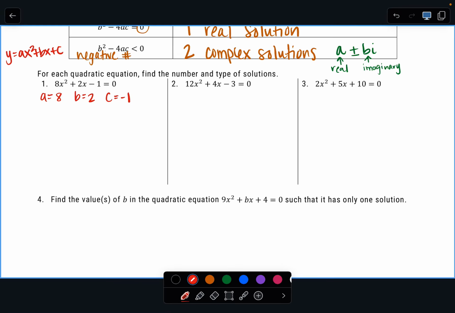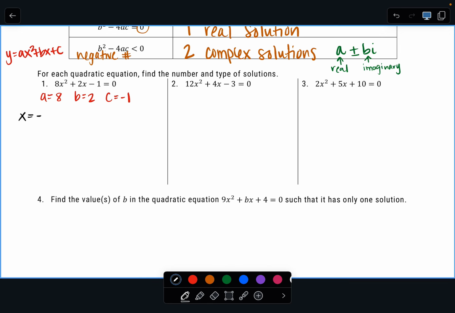Now, for this type of problem, one of the steps that we give you partial credit for is taking A, B, and C and plugging it into the formula correctly. So I will always ask that you have a step where you're plugging in the values.